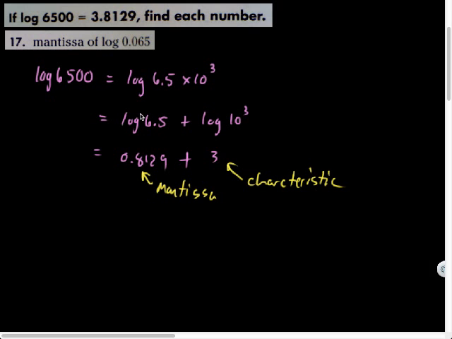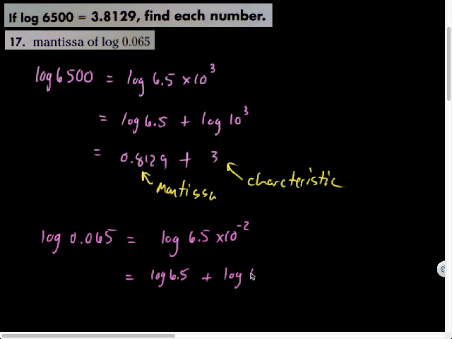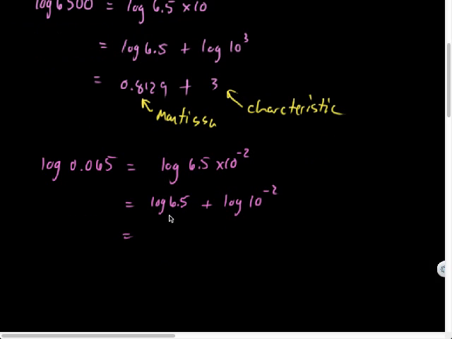If I want to evaluate what the mantissa of log of 0.065 is, we could rewrite this in scientific notation. So this would be log of 6.5 times 10 to the negative 2. The log of a product is equal to the sum of two logs. And log of 6.5, we happen to already know what that is.